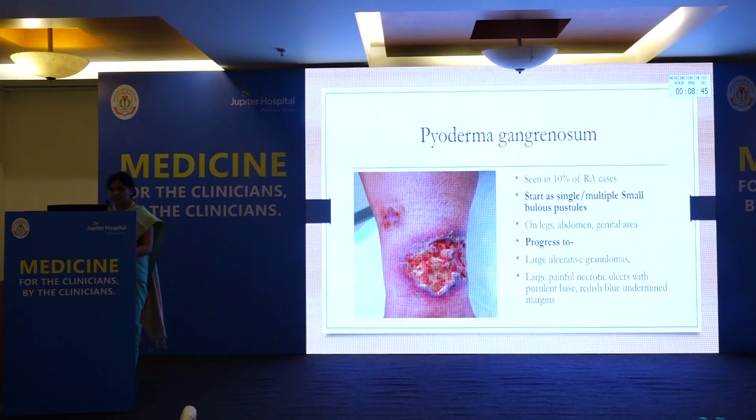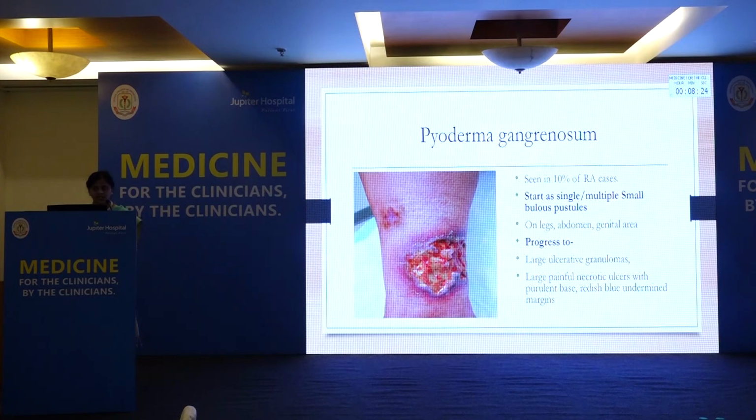So this is characteristic of pyoderma gangrenosum. Apart from RA, it can be seen in other diseases like inflammatory bowel disease and some hematological conditions as well. The importance of this rash is that it is considered a poor prognostic marker.